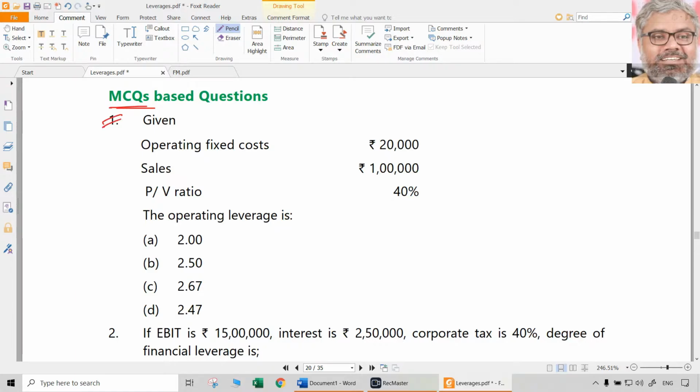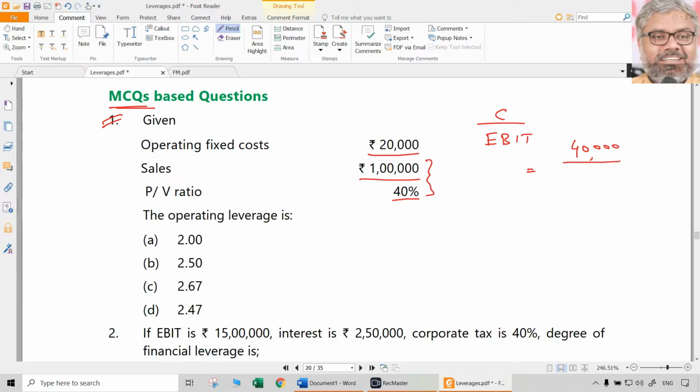Question number 1. Given that operating fixed costs are 20,000 rupees, sales is 1 lakh rupees, PV ratio is 40%, how much is the operating leverage? Okay, first point, we should know the formula. Operating leverage is contribution divided by EBIT. How much is contribution? Sales multiplied with PV ratio will give us contribution directly. That comes to 40,000. Divided by EBIT.